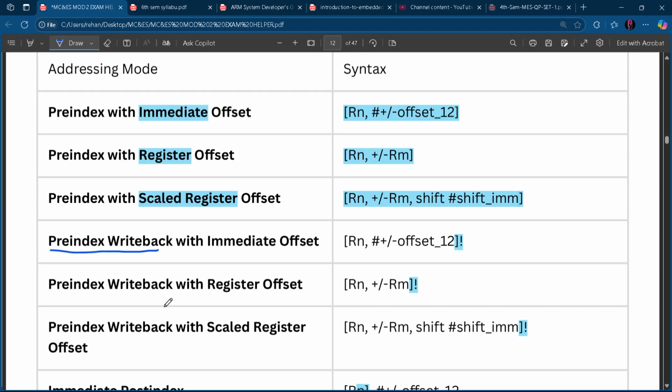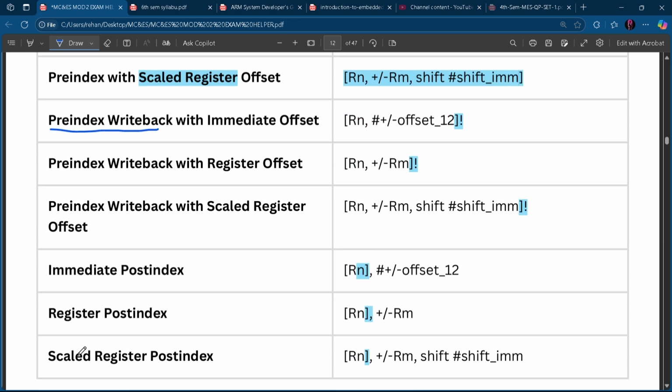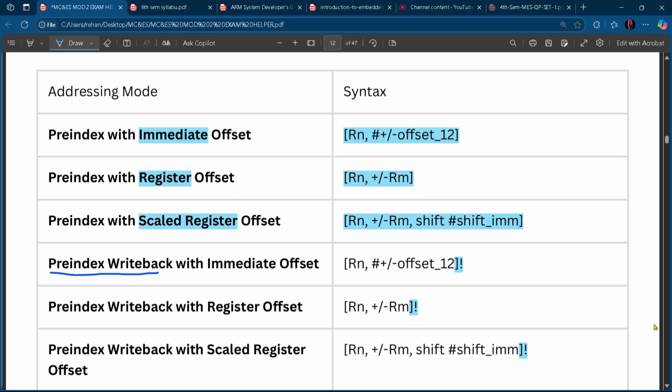What type of indexing offsets? Immediate, register and scaled register. Same thing for post-index: immediate, register, scaled register. It's not any different. If you can see over here, Rn comma, all three are Rn.